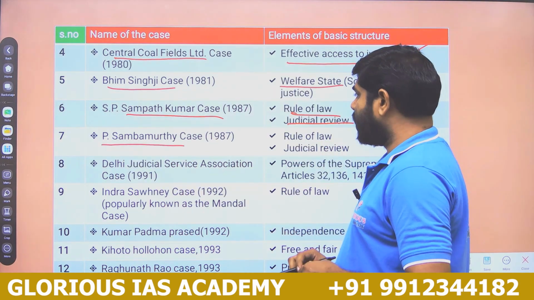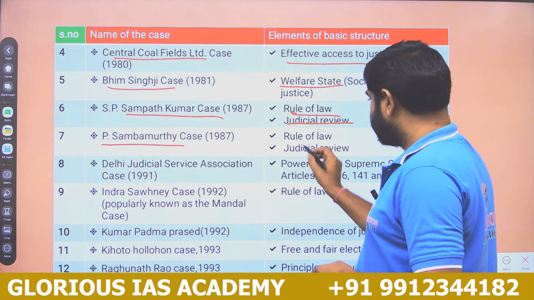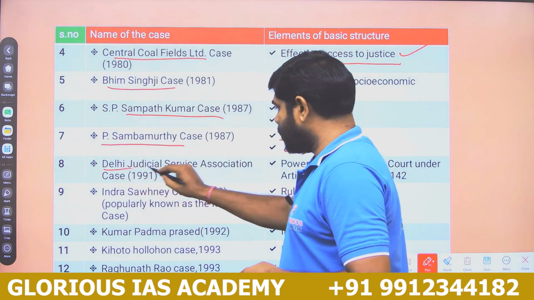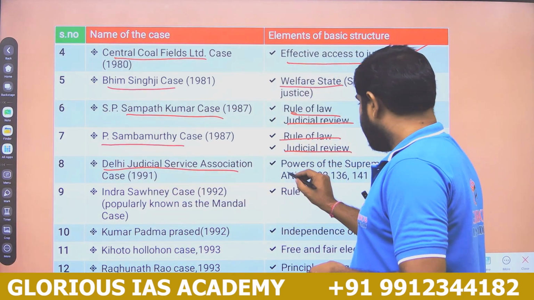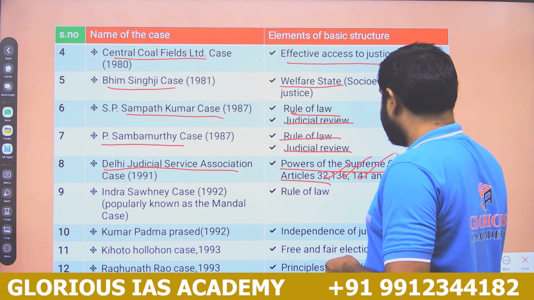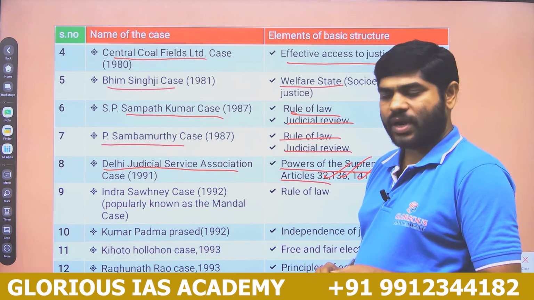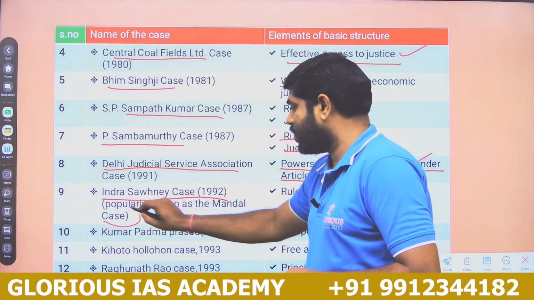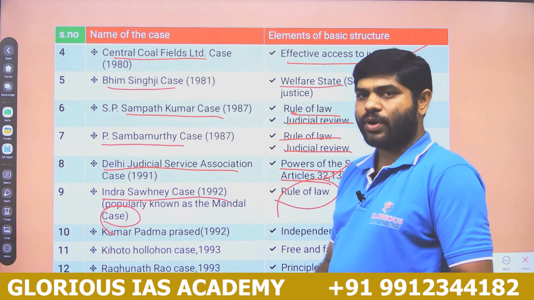Under the Sambamurthy case of 1987, rule of law and judicial review were included. In the Delhi Judicial Service Association case, powers of the Supreme Court under Articles 32, 136, 141 and 142 were included. Next, the Indira Sawhney case, popularly known as the Mandal case, and rule of law was included.